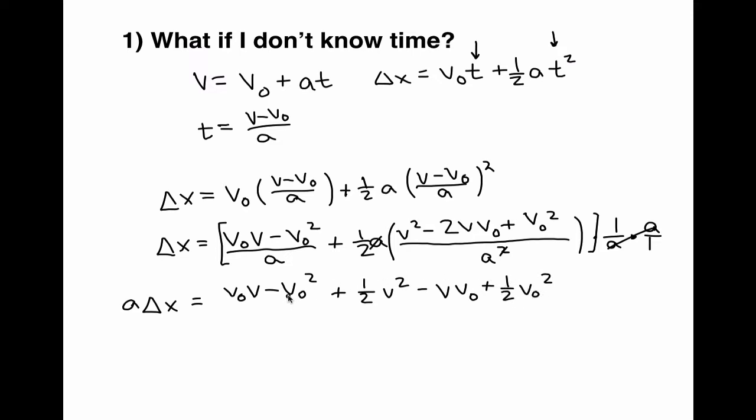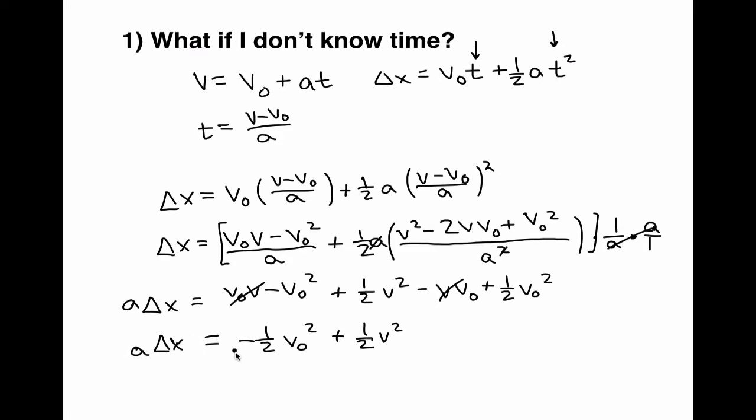I can combine like terms now. So v times v naught cancels, and a negative v naught squared plus a 1/2 v naught is simply going to be a negative 1/2 v naught squared, and then I'm left with a positive 1/2 v squared. And one last thing I can do is factor out a 1/2.